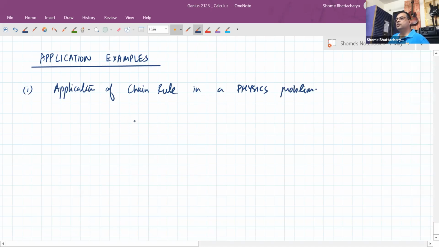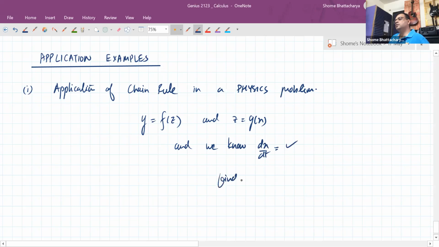So basically what is happening is, let us say that y is a function of z and z is a function of x. And we know how x is changing with respect to time. So how do we find how y is changing with respect to time? So we use the chain rule.